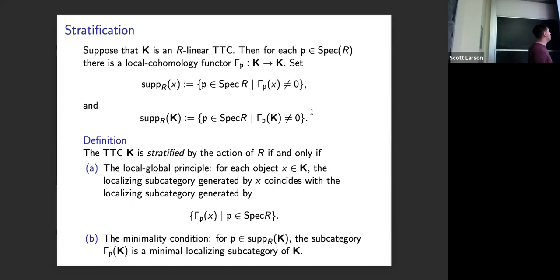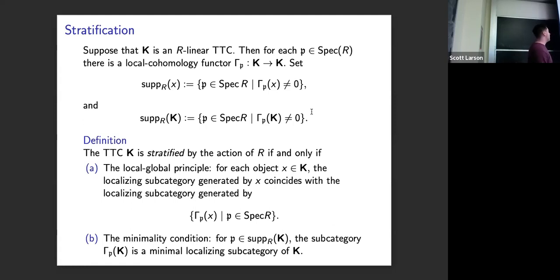So the R support of an object is going to be those P's in the spectrum that aren't killed by this local cohomology functor. And the R support of K is going to be those P's that don't kill the whole category.